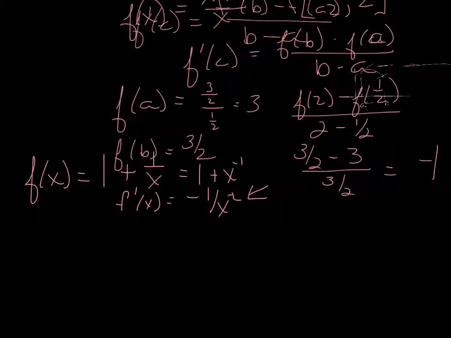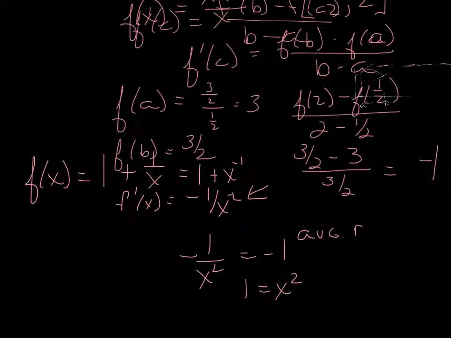We want to know where negative 1 over x squared equals negative 1. Multiply both sides by x squared. We set our average rate of change equal to the instantaneous rate of change, or the derivative.